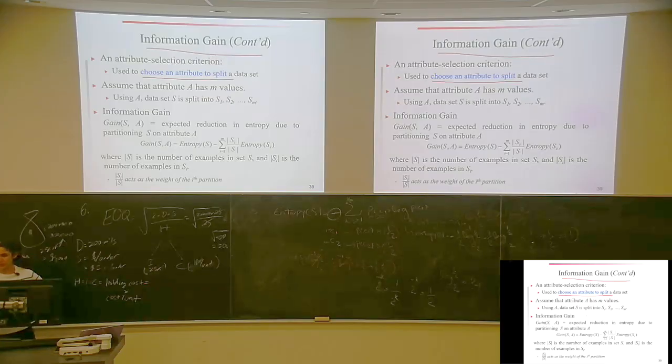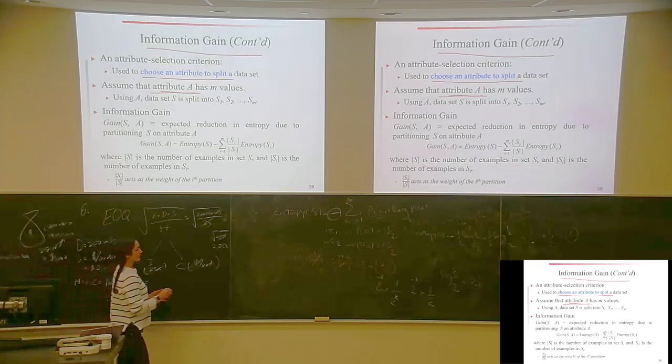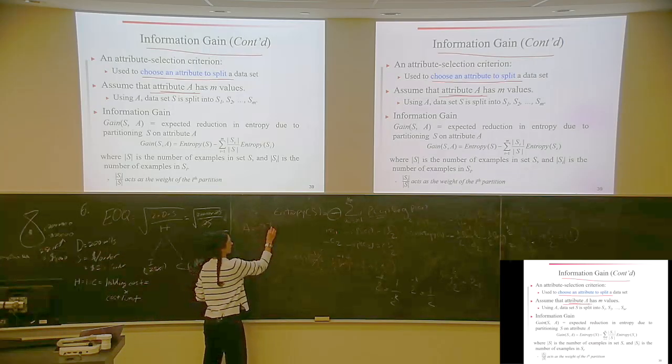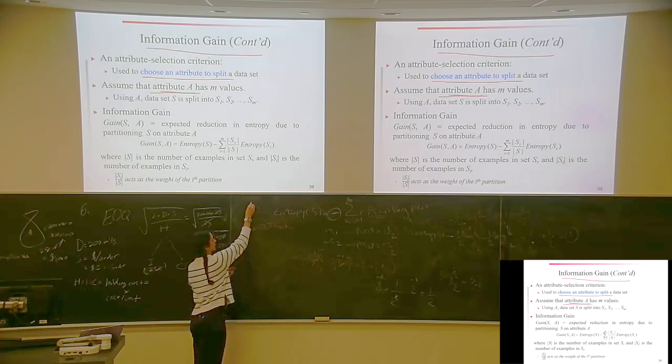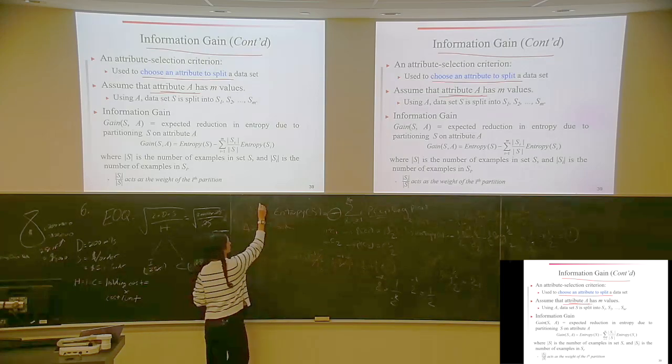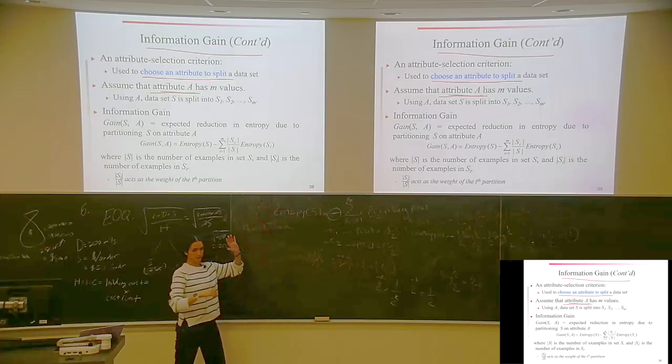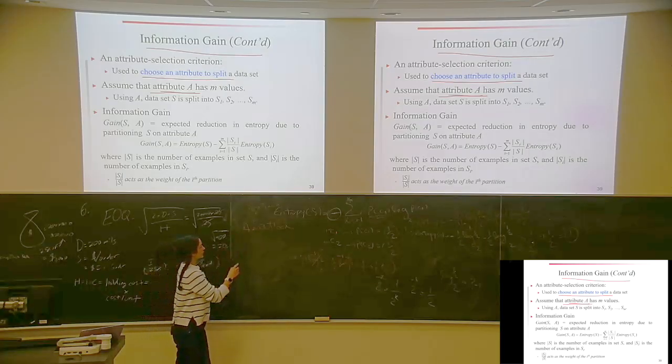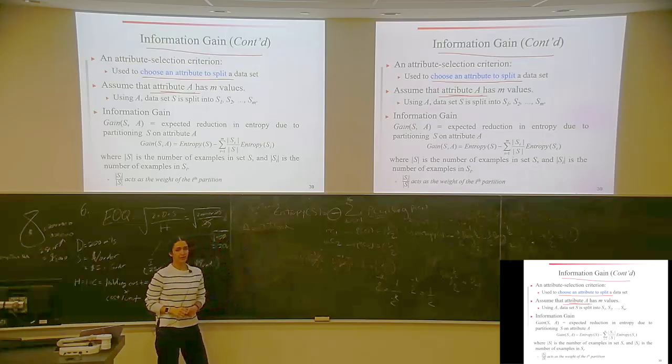So what is the formula? Assuming you have a set S, which is your training set, for example the weather data. If you want to split S based on attribute A, and let's say A is outlook. A could actually be any of those attributes.